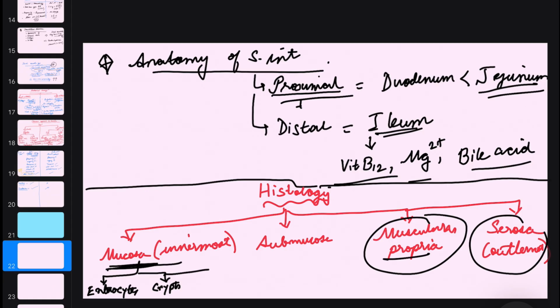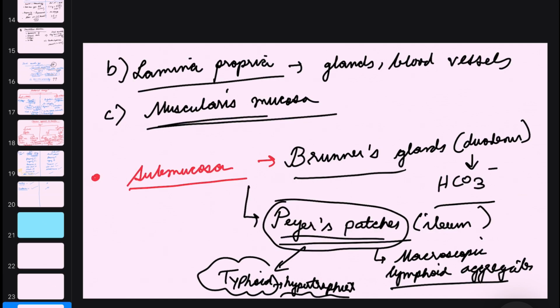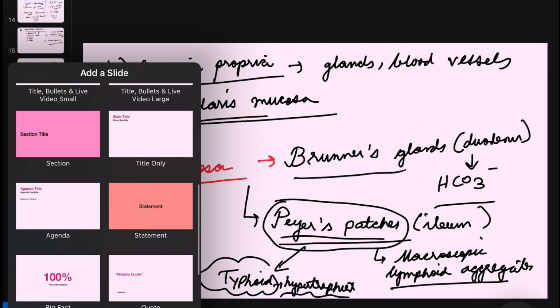And along with that, we also had enterocytes with crypts. We had the lamina propria. And we had the muscularis mucosa. Okay. So this is basically more or less the anatomy that we need to understand the different aspects of malabsorption.